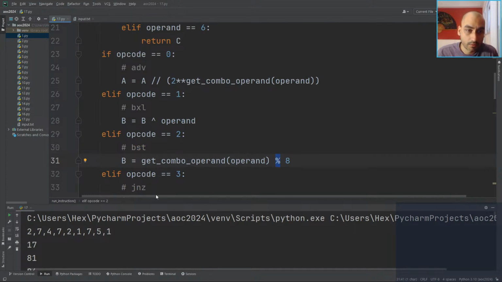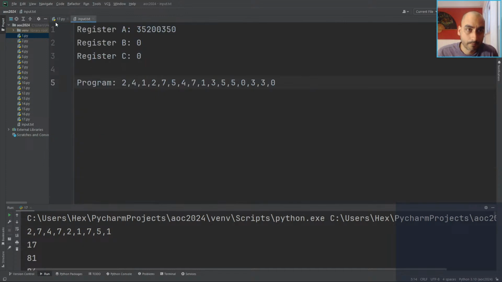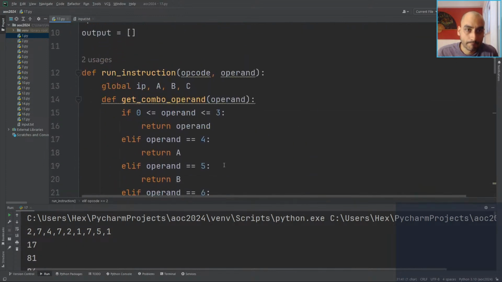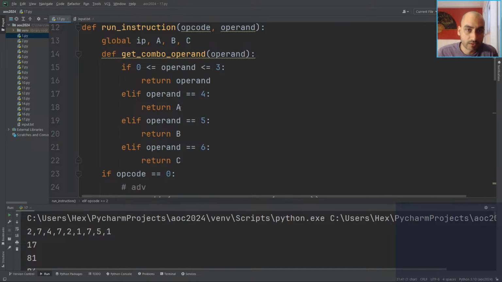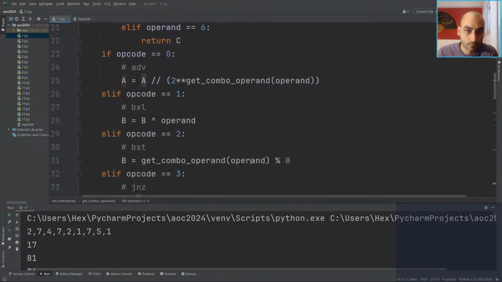So we've got 4. Get combo operand. So it's A. So B equals A percent 8. All right.